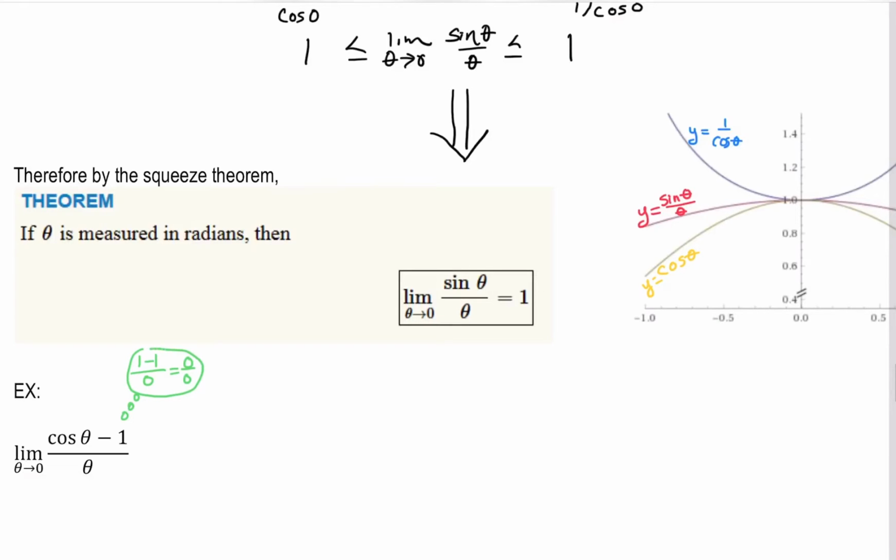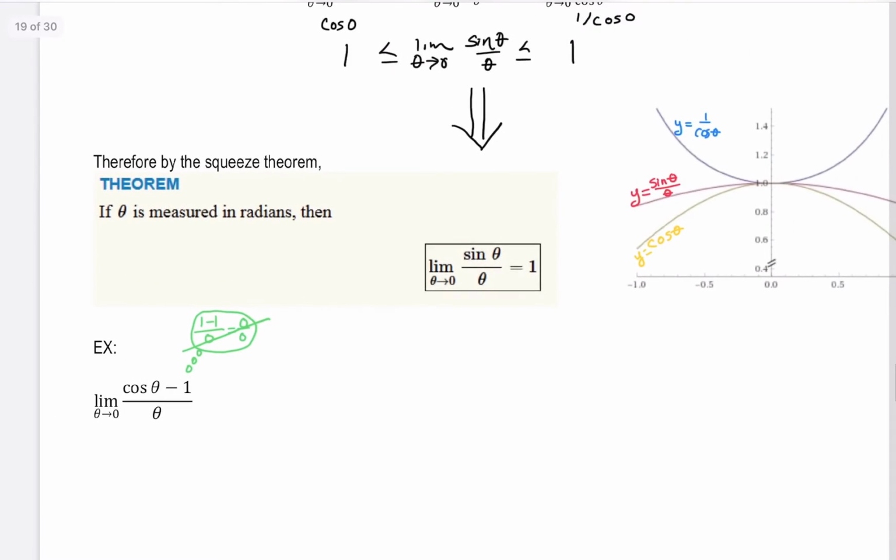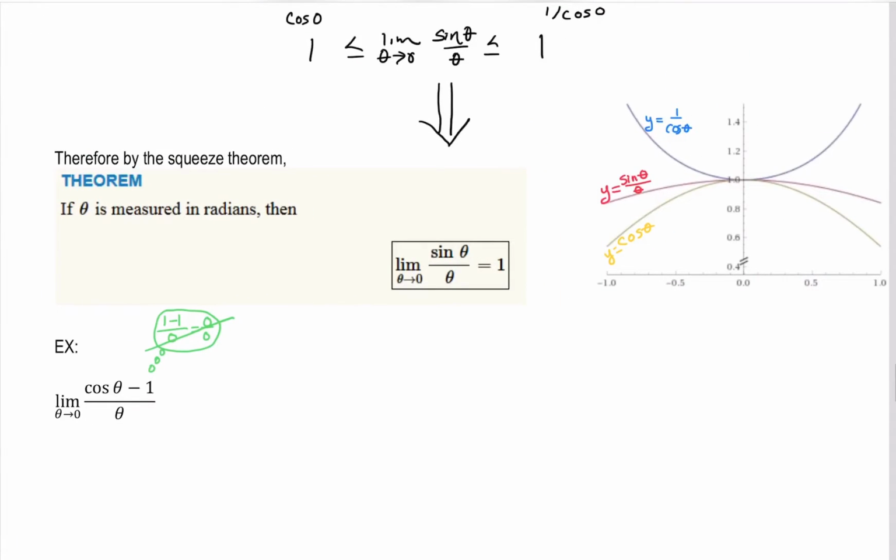That's indeterminate. So in order to prove this one, we're going to do something you might think back to from a previous section with radical functions. We often do this when we have a binomial like cosine theta minus 1, because it's going to eventually invoke one of our Pythagorean identities. So we are going to multiply by the conjugate, cosine theta plus 1.